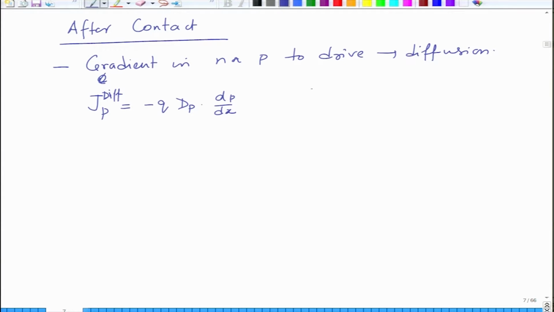So holes move in this direction and current also is in the same direction. And then you have electron current, which is Jn diffusion, equal to plus q Dn into dn by dx. In this case the electron concentration is on this side, so current will move to the other side.